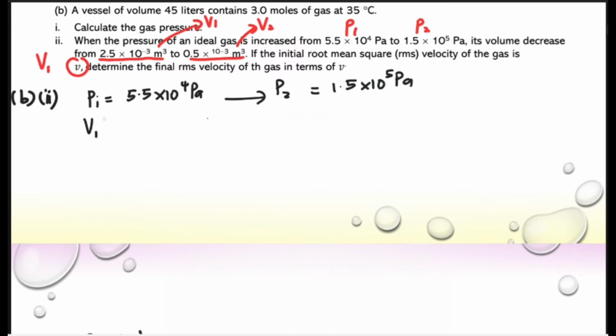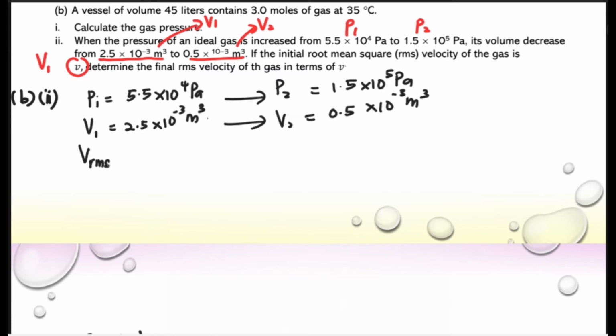And then the volume, we have V1, where the volume is decreased to 0.5 exponent negative 3 meter cube. Okay, and then VRMS 1 is equal to V, and we want to find VRMS 2.